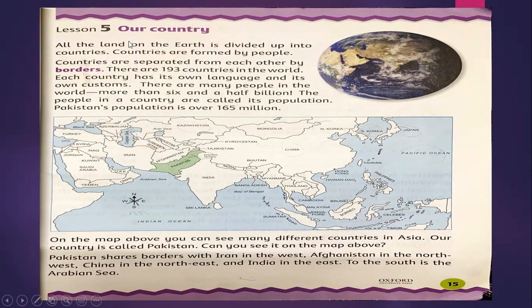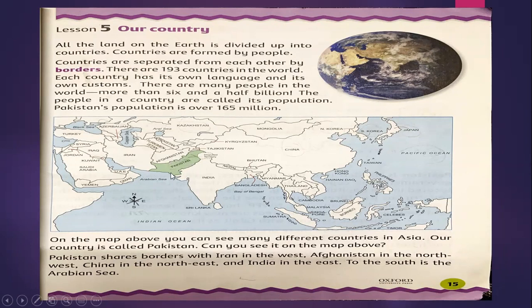Okay, let's see, because this chapter is about our country. Countries are formed by people. Countries are separated from each other by borders. As you can see in this map, there is India, Pakistan, Afghanistan. They are separated.